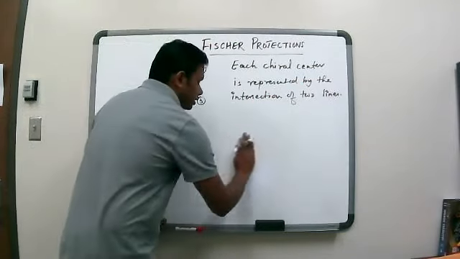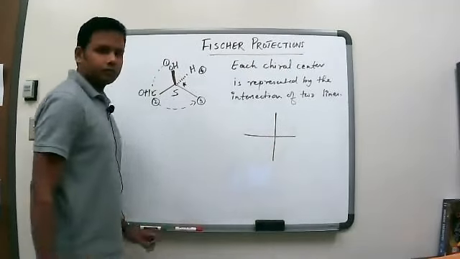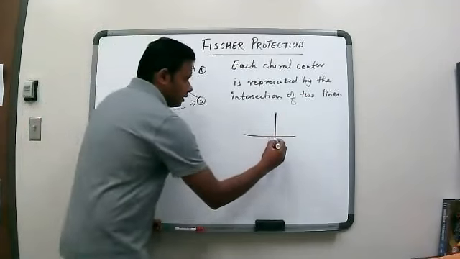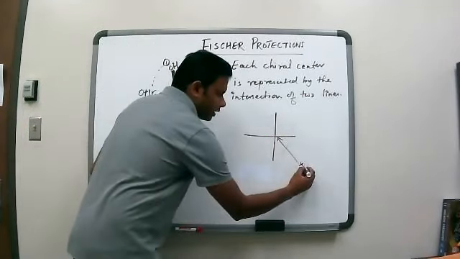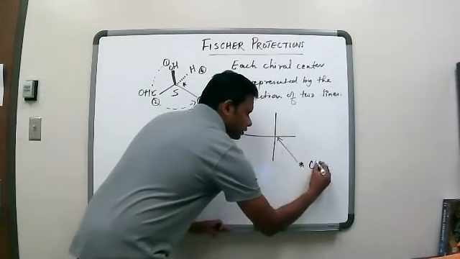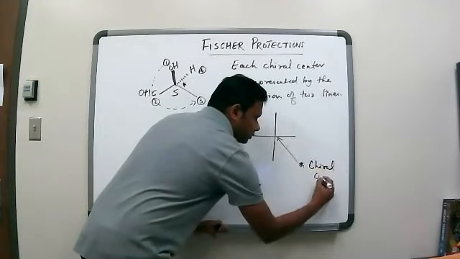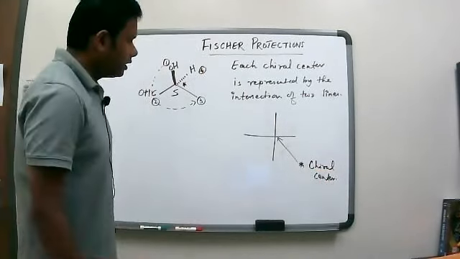What do we mean by that? Essentially, if we have 2 lines like this, the point where they intersect is our chiral center. That point over there is a chiral center.